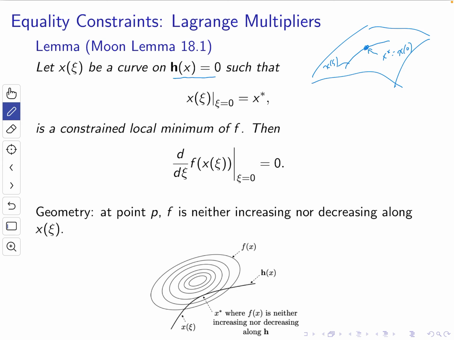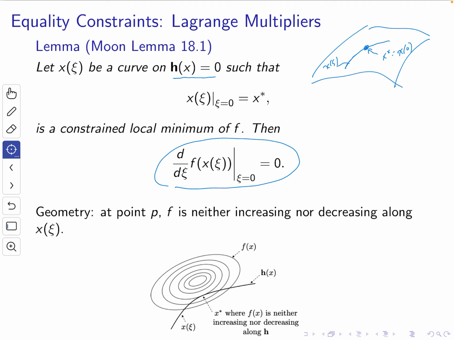Then we have to have the derivative with respect to c of f of x of c at c equals 0 be 0. Here's x of c, and here's our picture, with f and our hypersurface. In the one-dimensional case, x of c would just run along this hypersurface.